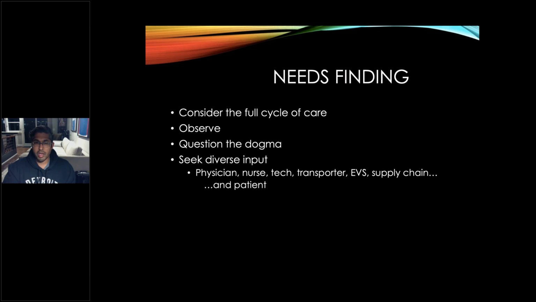IR is more than that, and I want you to think about the full cycle of care. That means from the moment the patient is at home, to making an appointment with the physician. Maybe that means once they've made the appointment, how do they get to the hospital? How do they check in?